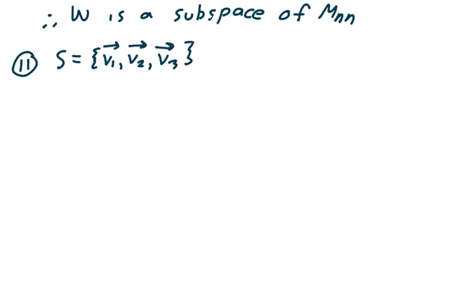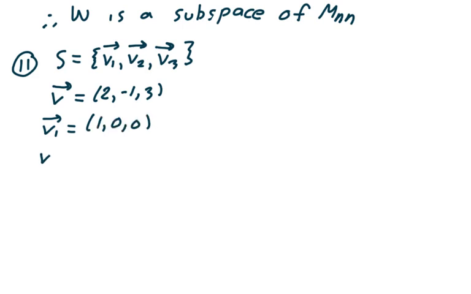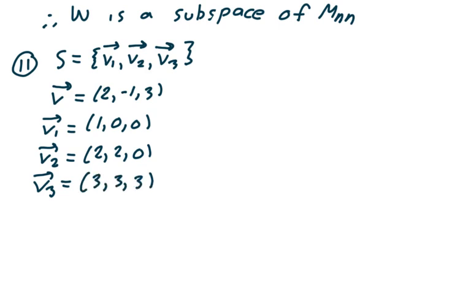And V is the vector 2, negative 1, 3. V1 is the vector 1, 0, 0. V2 is the vector 2, 2, 0. And V3 is the vector 3, 3, 3. And I want the coordinates of V relative to S.